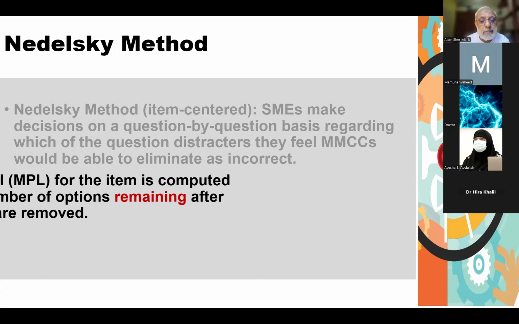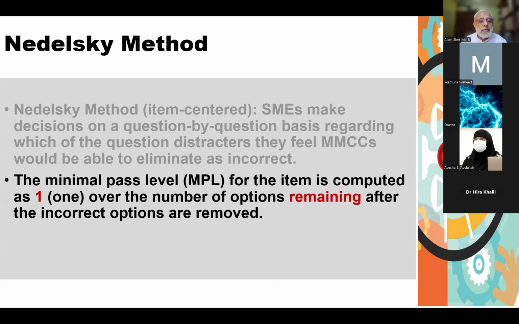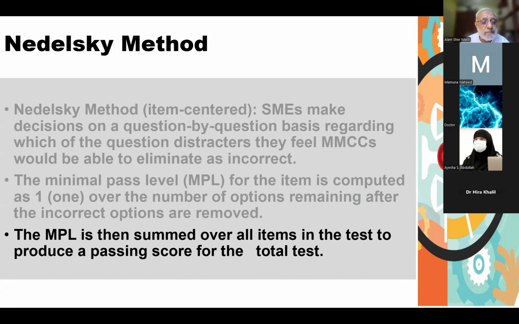I'll show you the example. And then the minimal pass level for that item is computed as 1 over the number of options remaining. Means that if you have already eliminated 2 options, so only 2 are left, the minimal pass level for that question would be 1 over 2, which is 0.5. I'll show you here.